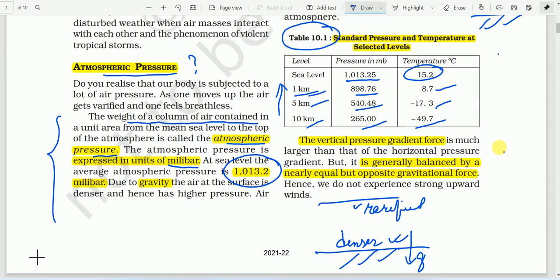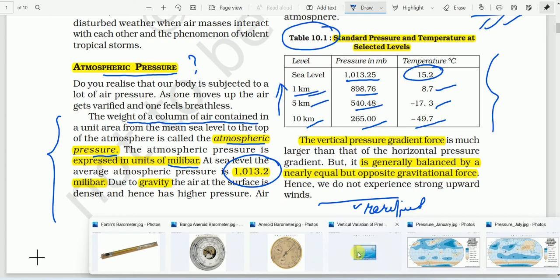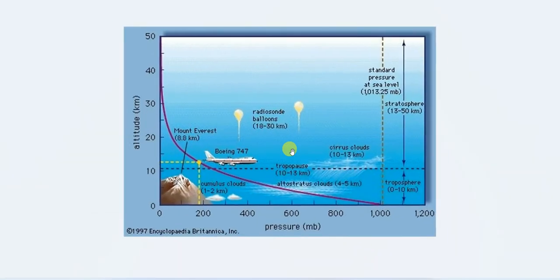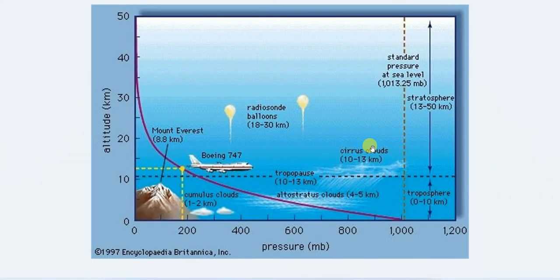If we represent it in the form of a graph, it looks like this. Here the red line shows the decrease of atmospheric pressure.